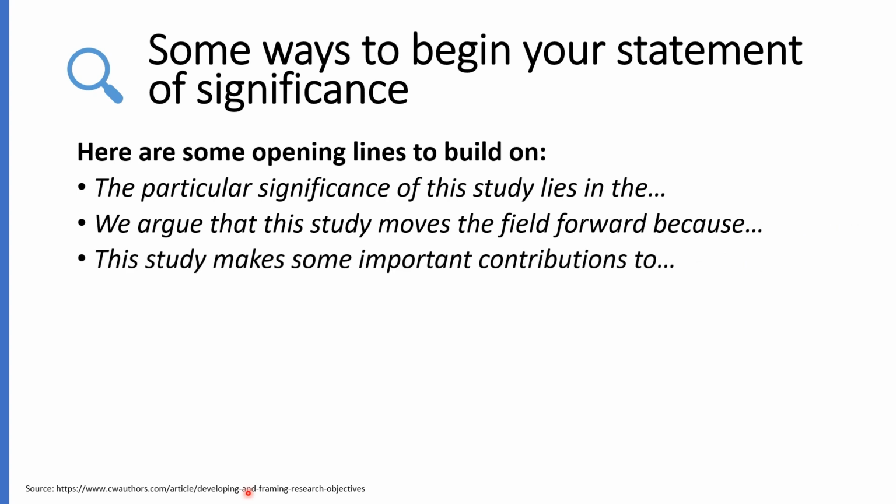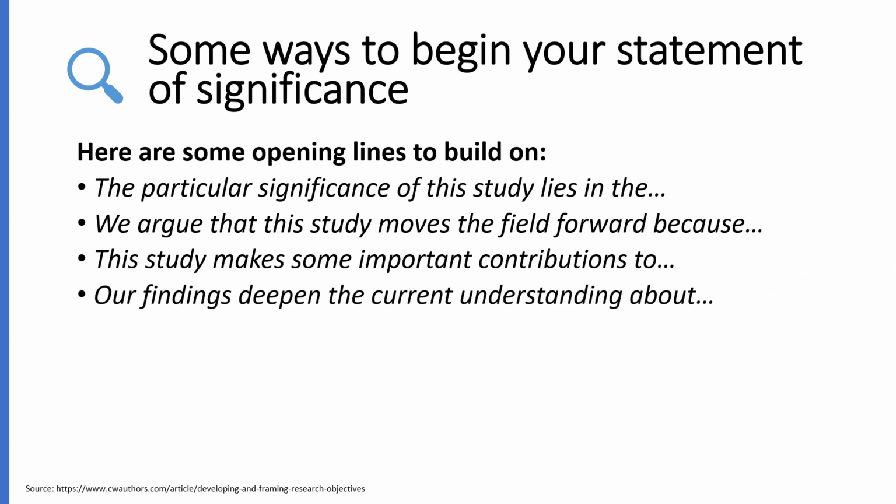You can also state it this way: this study makes some important contributions too. And now you will declare who these people are who will benefit from your study. Or you may also state it this way: our findings deepen the current understanding about... So it doesn't really have to be what we've learned before, where we just simply write the people or the group of people who will benefit and how they will benefit.